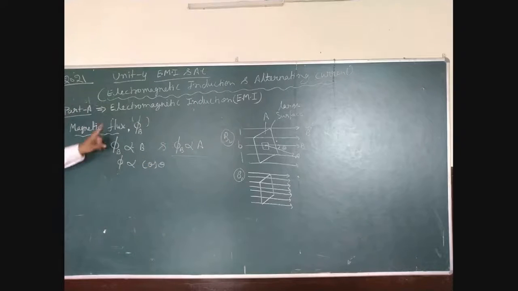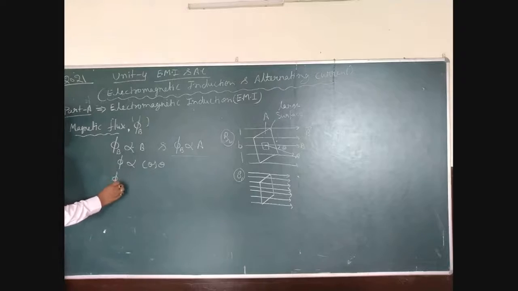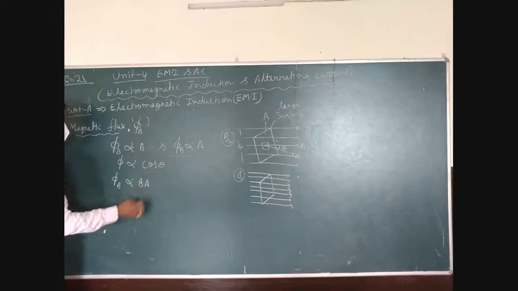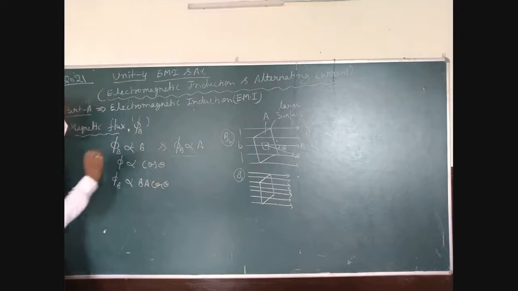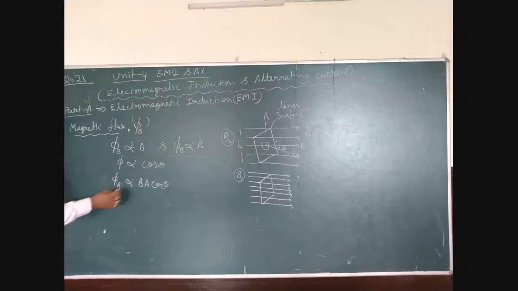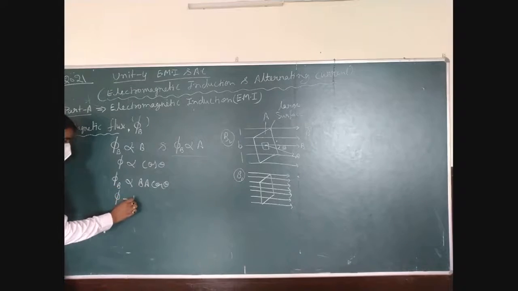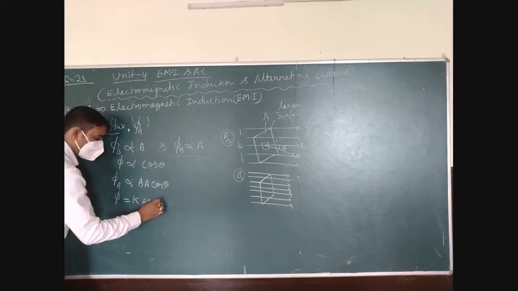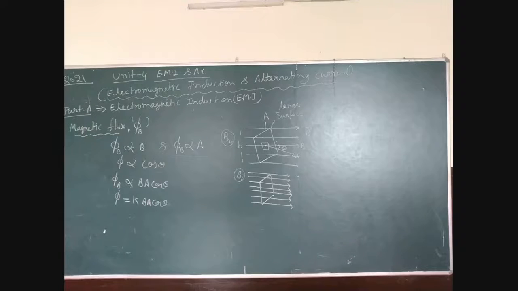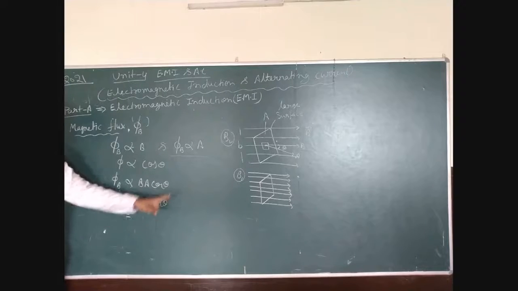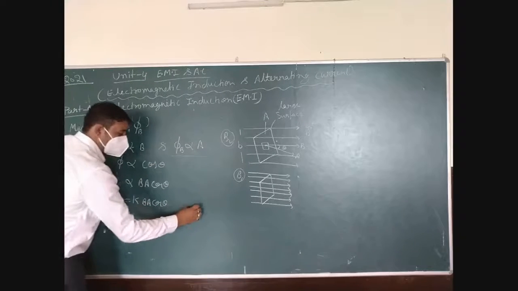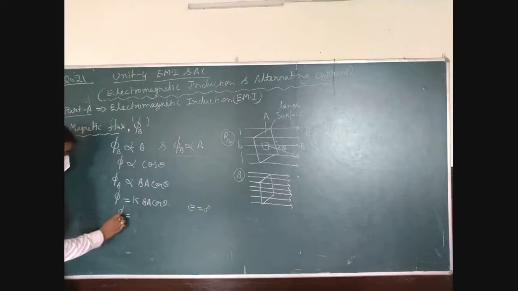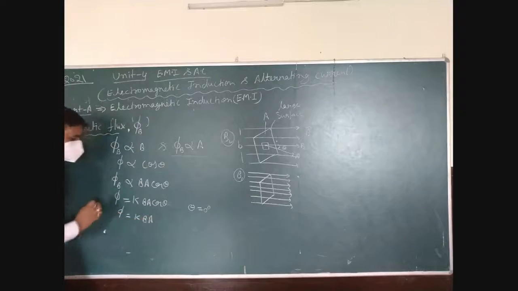When we combine all three laws, we get that the magnetic flux is proportional to BA cos theta. Taking the proportional sign as equal to, we get a constant, so phi equals K BA cos theta. If the angle is 0 degrees, then phi is equal to K BA.